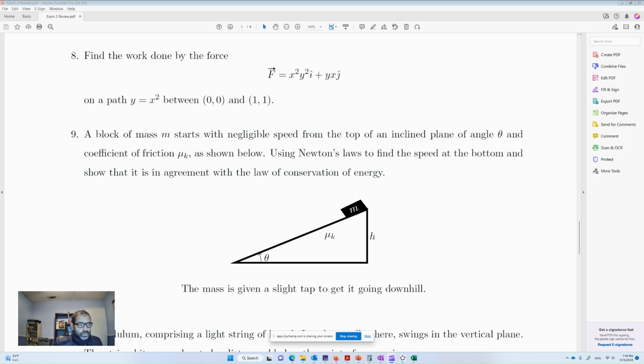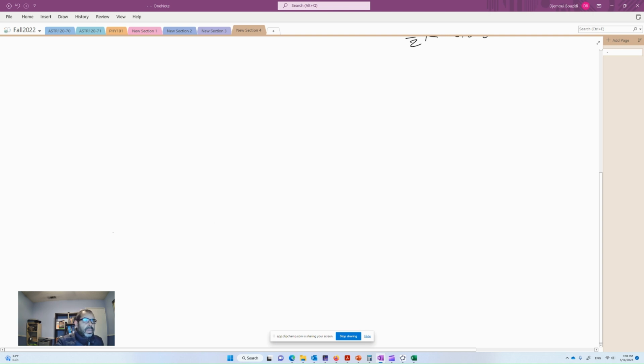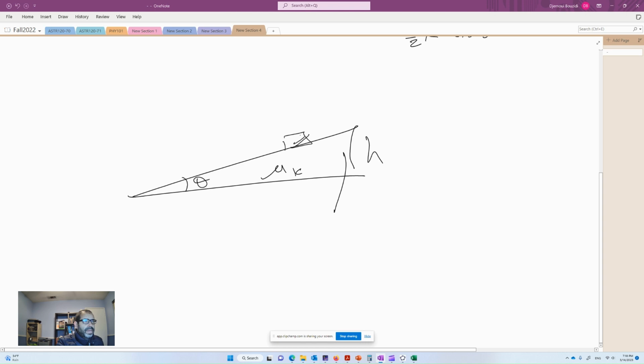So let me share with you the other resource quickly here. So I have an incline. So this height is h. The angle is theta. The coefficient of kinetic friction is mu k, and after I tap it, it moves. And this is mg.